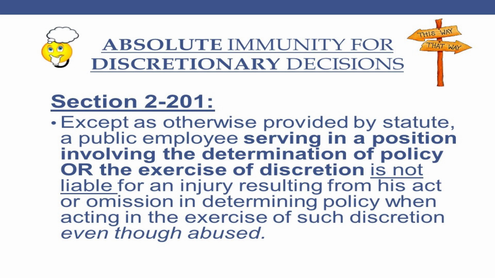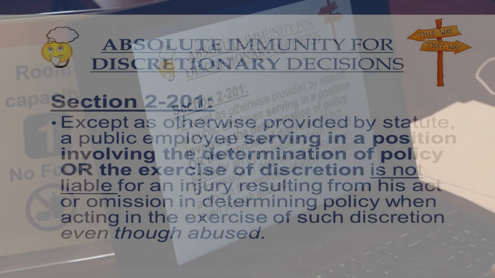Now, with any statutory definition, we of course break them down into the key elements to help demonstrate when it applies and when it does not. So turning to Section 2201, which provides absolute immunity, meaning it applies to both negligent and intentional conduct for discretionary decisions, we're going to break that definition down.